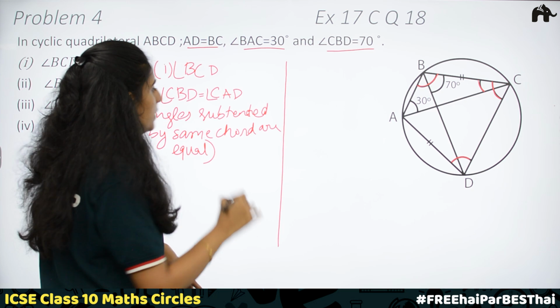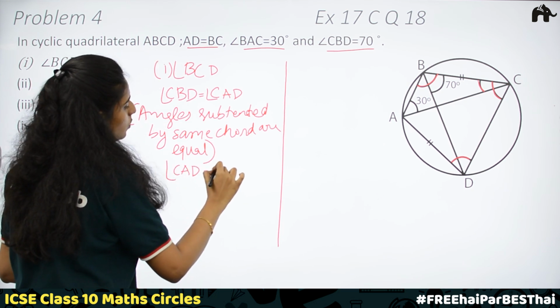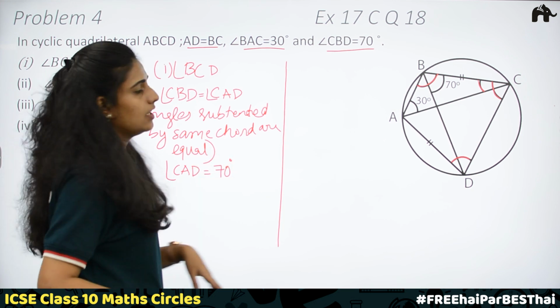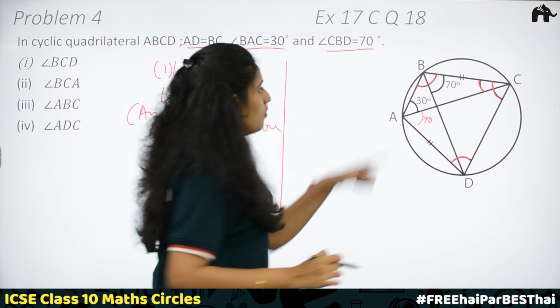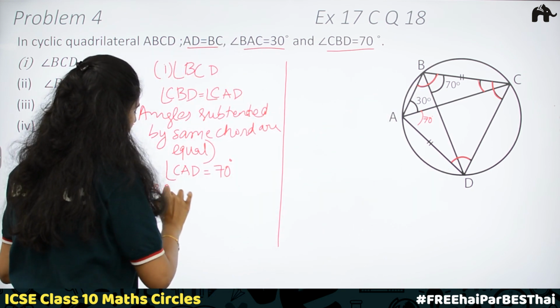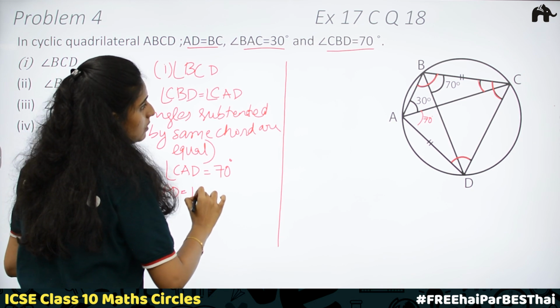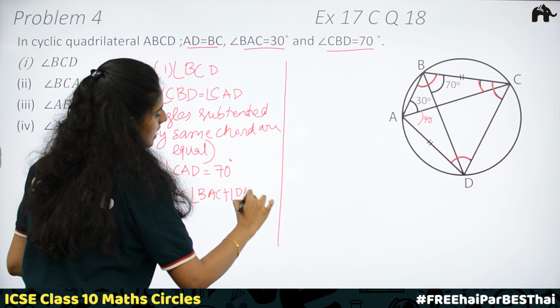Okay. Therefore, we will be getting angle CAD is equal to 70 degrees. Now, if this angle is 70 degrees, what is BAD? Angle BAD is the sum of angle BAC and angle DAC.